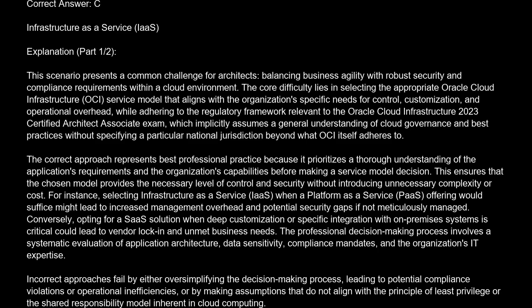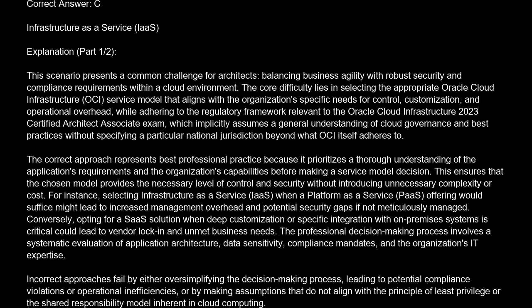The core difficulty lies in selecting the appropriate Oracle Cloud Infrastructure (OCI) service model that aligns with the organization's specific needs for control, customization, and operational overhead, while adhering to the regulatory framework relevant to the Oracle Cloud Infrastructure 2023 Certified Architect Associate exam, which implicitly assumes a general understanding of cloud governance and best practices, without specifying a particular national jurisdiction beyond what OCI itself adheres to.